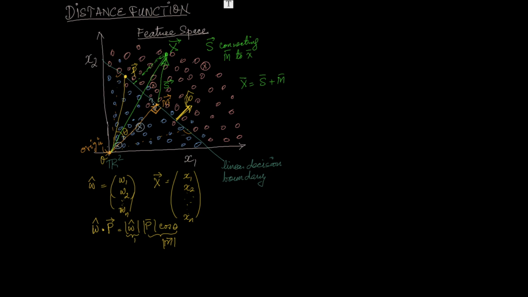So if you go from origin to M, and then from there traverse the distance of S, what you will end up at is X. That's what it is trying to say. X is the vector sum of M and S.